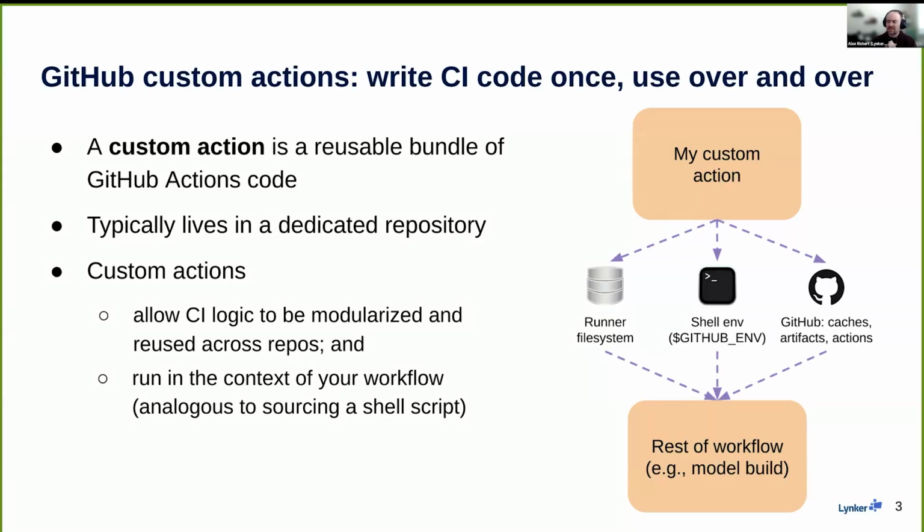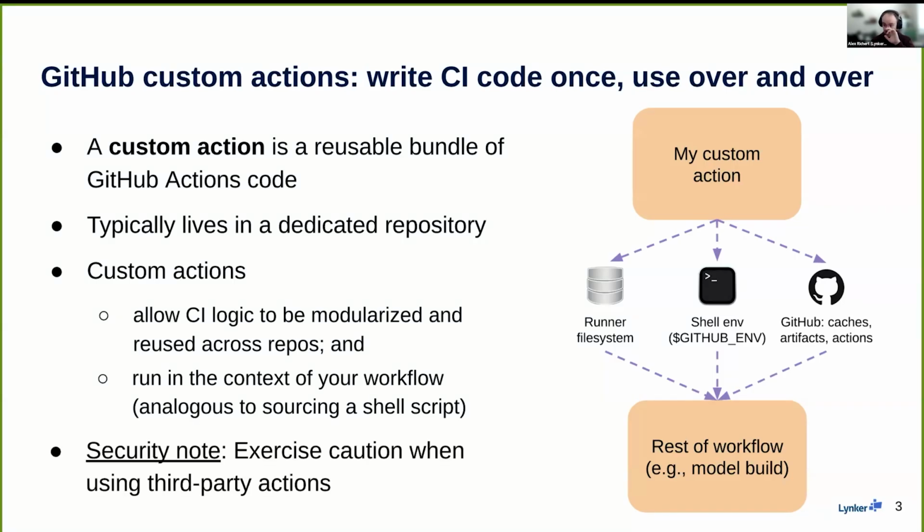So it has access to the same file system when you run your custom action from whatever CI workflow is calling it. You can modify the shell environment by updating the GitHub env file from your custom action, and you still have access to other actions, including the GitHub published ones. Many of our custom actions use GitHub caching functionality, artifacts, and miscellaneous other actions.